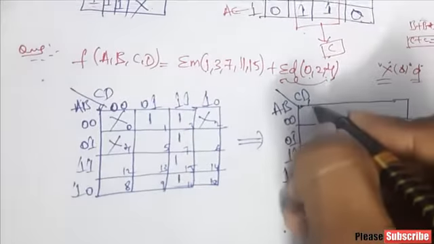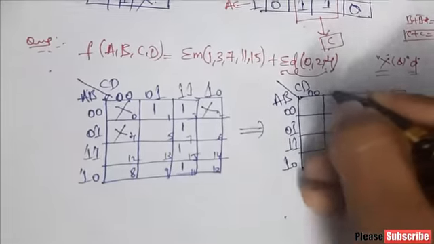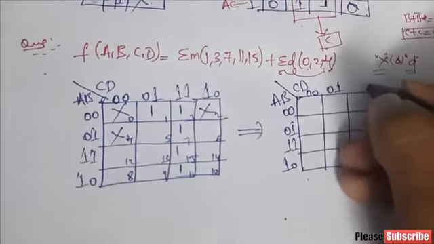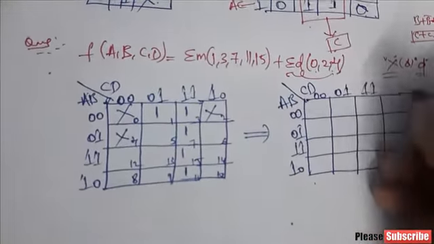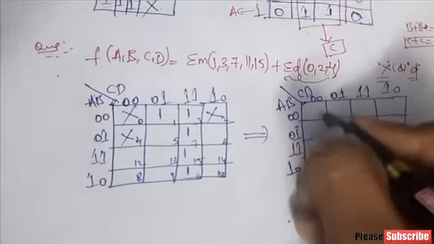Hence this will be the 0, 0, 0, 1, 1, 1, 1, 0.